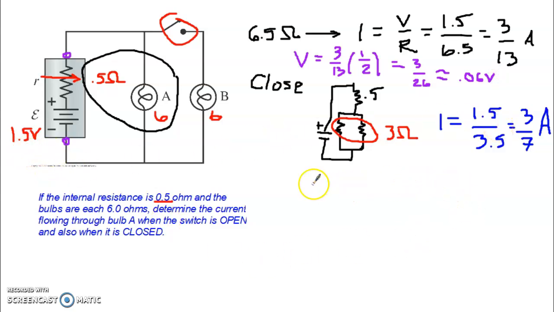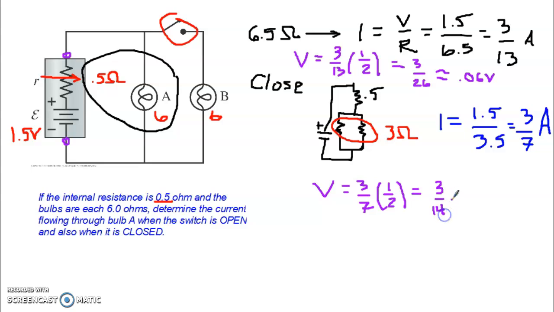If I did the same thing down here, the voltage drop inside the battery, well, the current is larger now. It's 3/7. The voltage inside the battery is being dropped across a half ohm of resistance. Because I'm using fractions, I'm converting from 0.5 to a half. So the voltage drop inside the battery is 3/14.